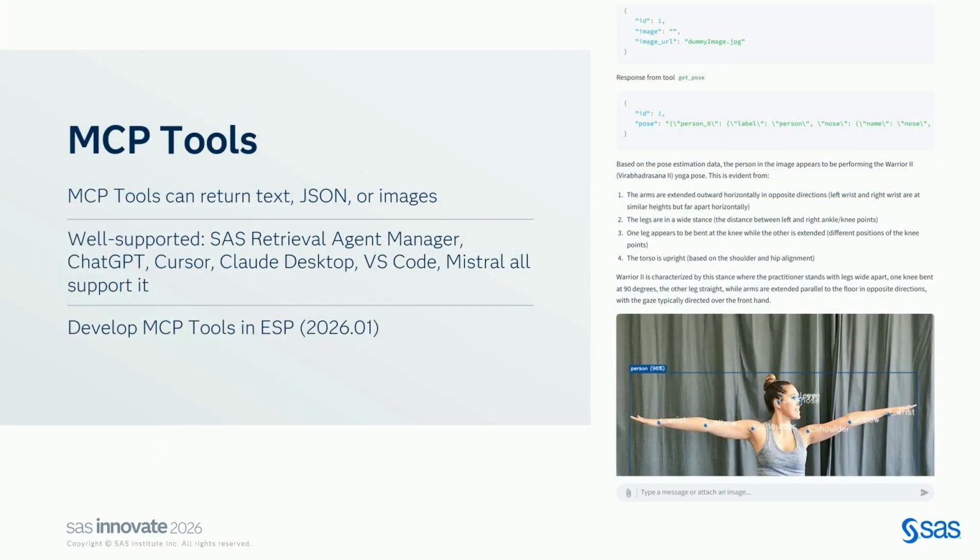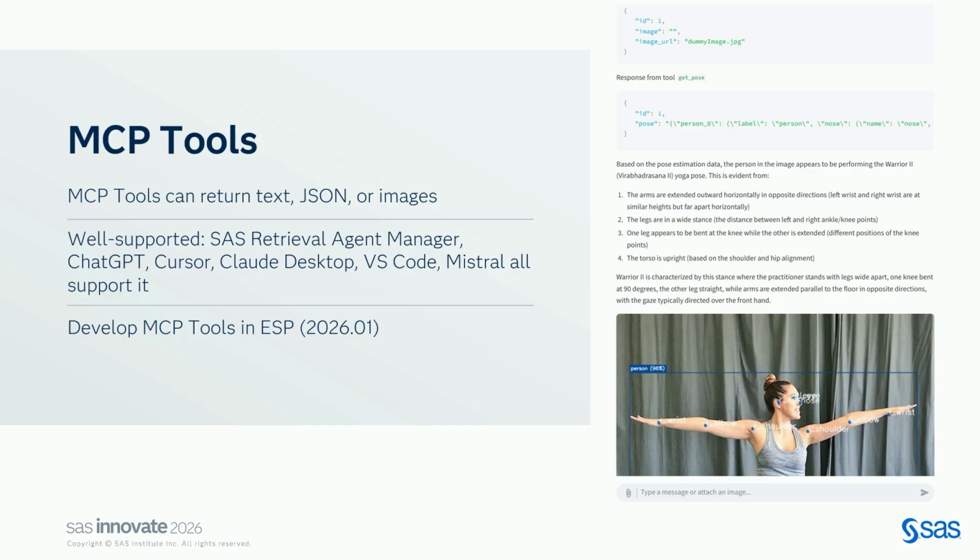Now, let's zoom a little bit in on the MCP tools itself. As I said in the beginning, MCP tools are a bit like REST APIs for LLMs to call tools. And just like REST APIs, MCP tools can return text, JSON, images. MCP tools have been around for quite a while now, and are supported by all the major GenAI clients, like SAS Retrieval Agent Manager, but also ChatGPT, Claude, Mistral, Visual Studio Code, and many others. And since this year, you can develop your own MCP tools in ESP.